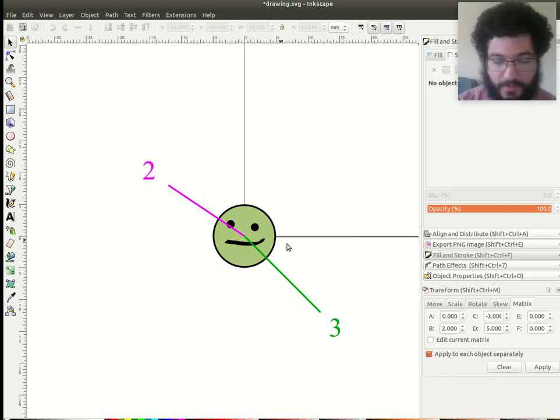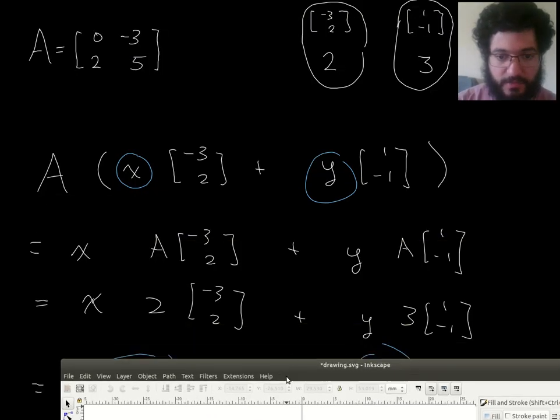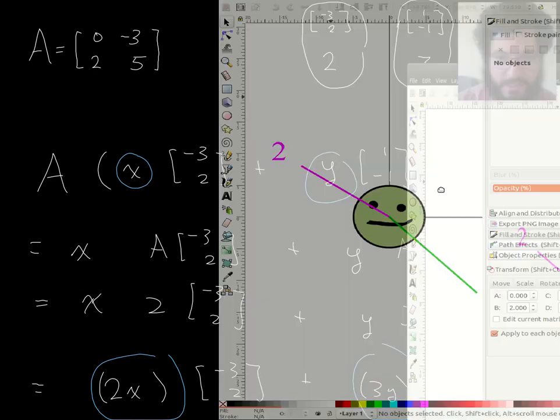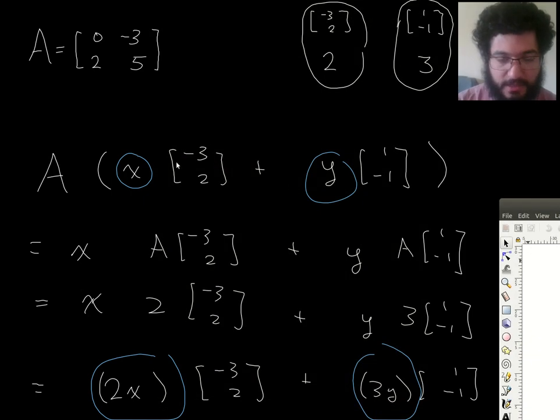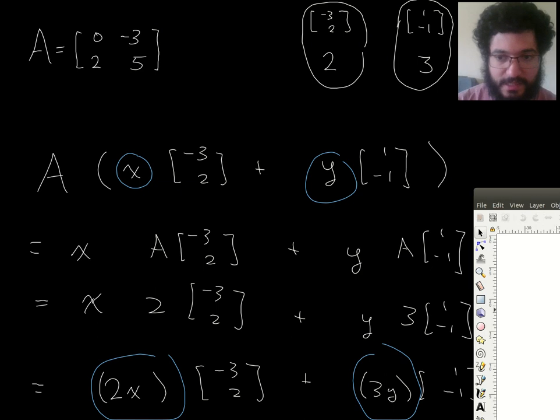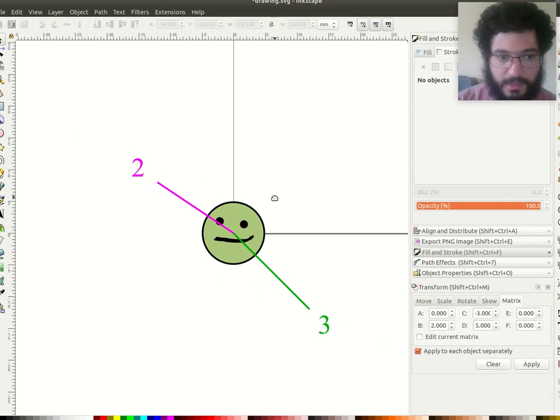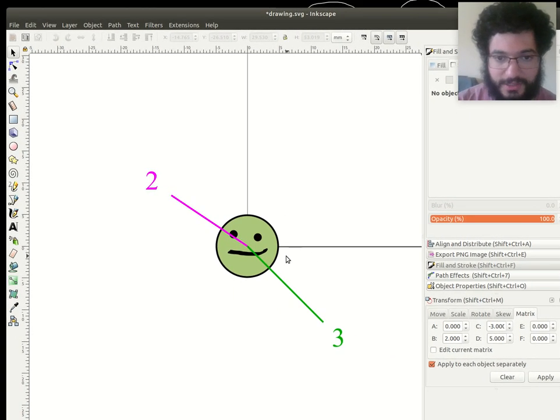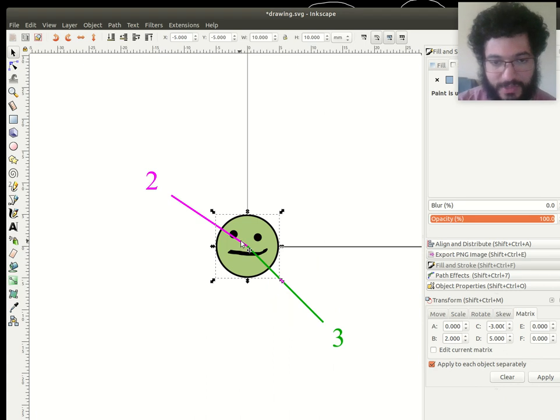Everybody anywhere else, everybody in between, is just going to get moved around in some complicated way that you can only really get at by decomposing vectors as linear combinations of the eigenvectors, which you can do visually, but we're not doing such a good job of that here. So it's really only the vectors along these lines that you can see are just stretching.